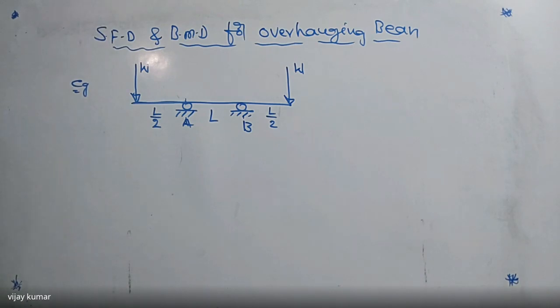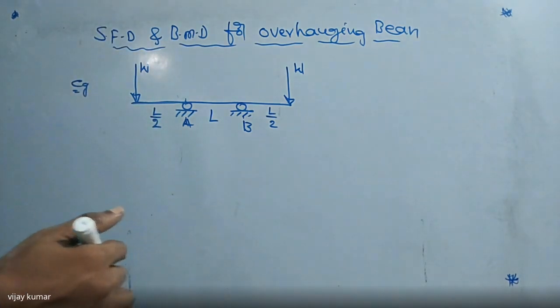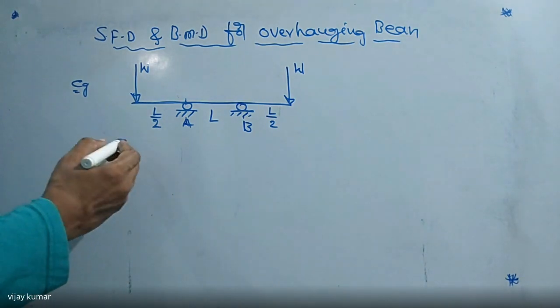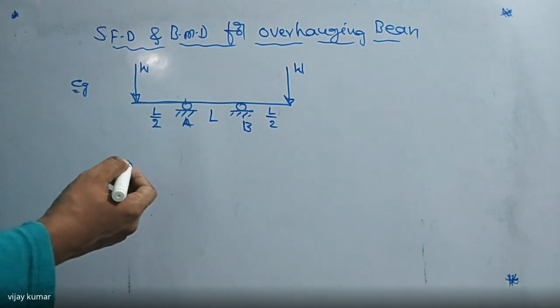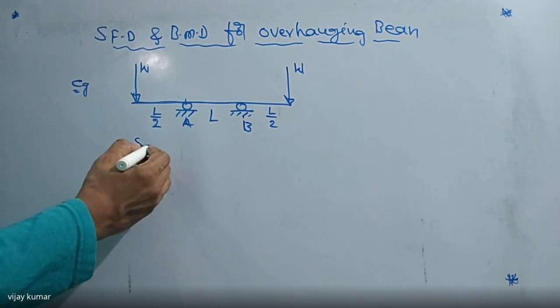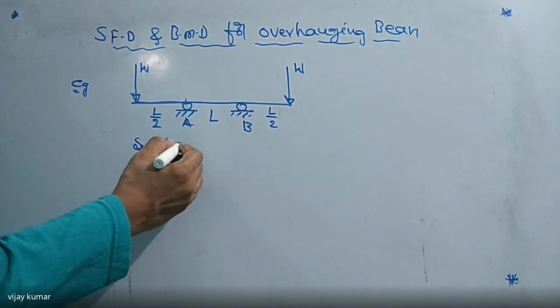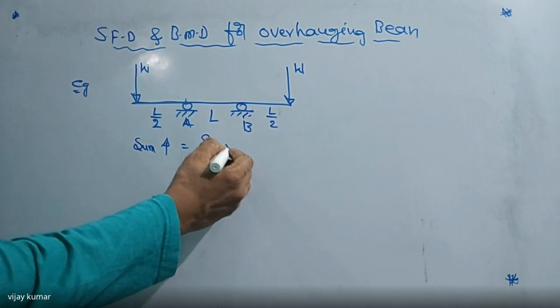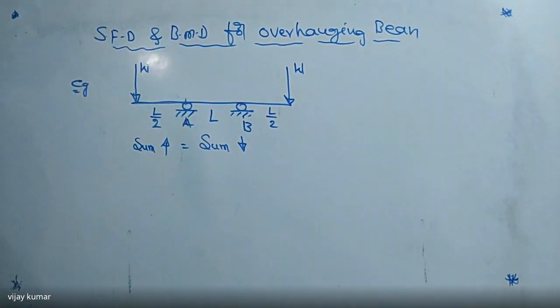First of all, if any overhanging beam or simply supported beam is given, we have to find the reactions first. What equations can we use to find the reactions here? I can write sigma Fy is 0. When the beam is under equilibrium, the sum of upward forces must be equal to the sum of downward forces.